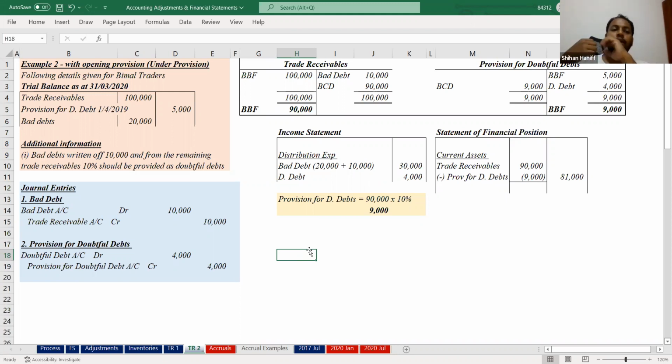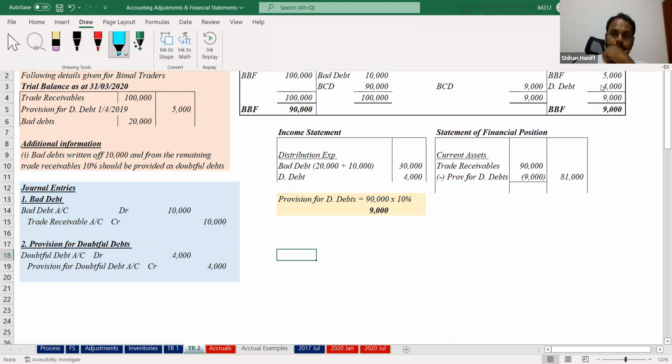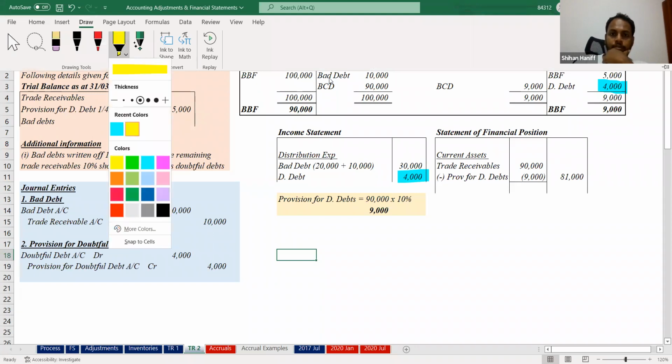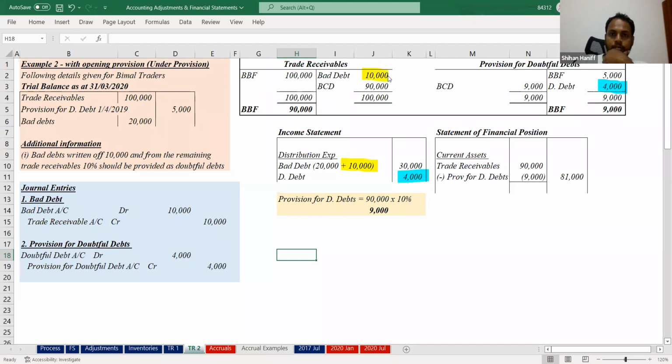Now we are moving to example 3 with opening provision, and let's do over provision. Example 3.